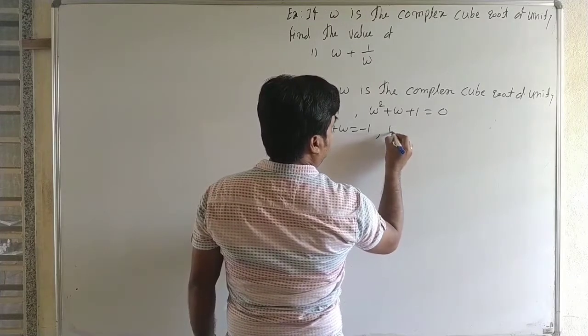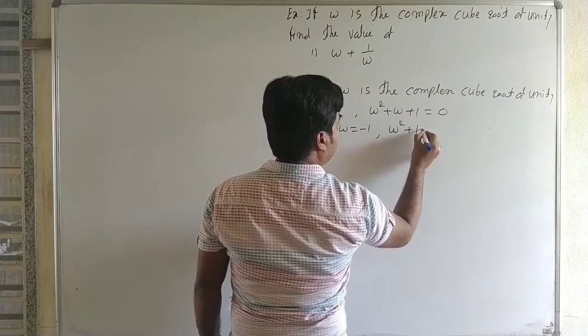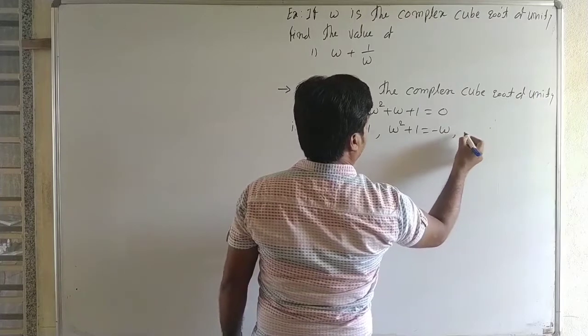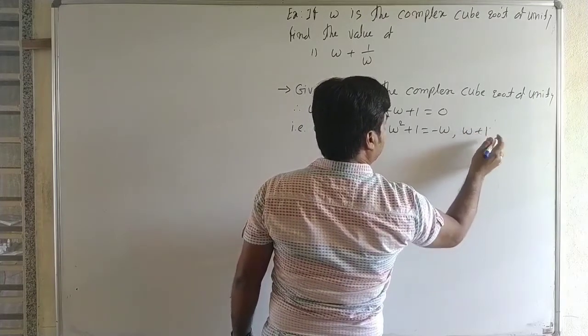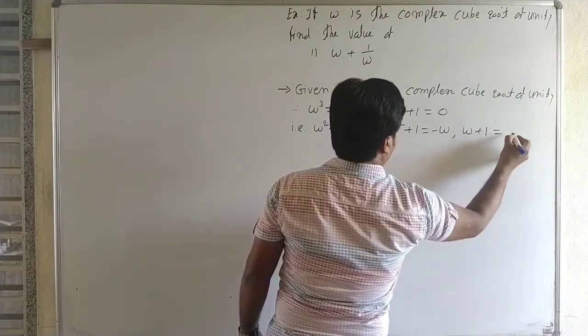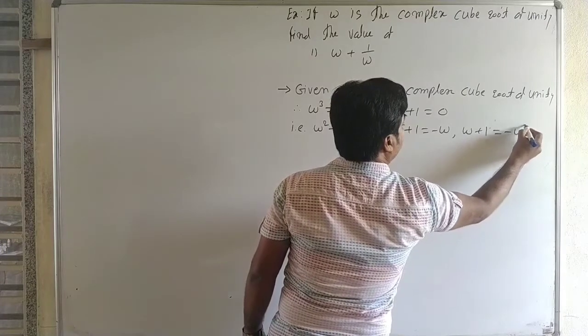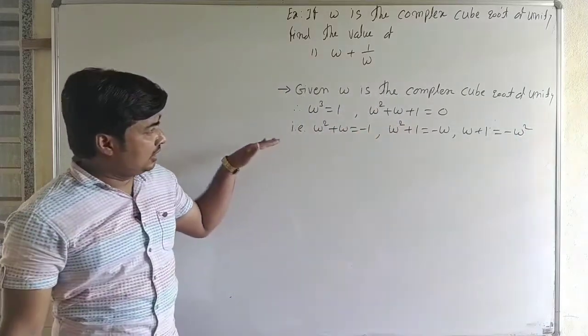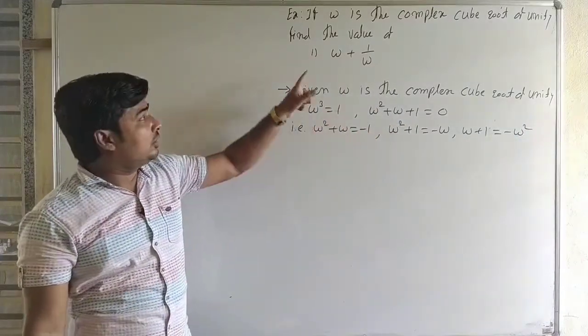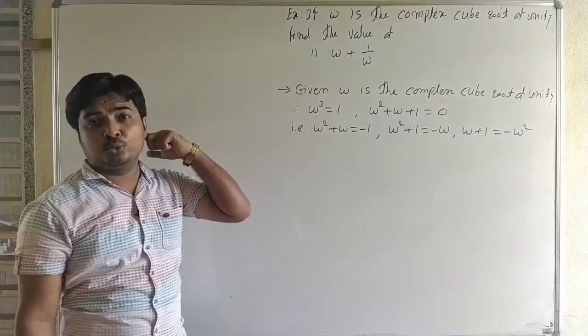Then omega square plus 1 is equal to minus omega, and omega plus 1, or 1 plus omega, is minus omega square. We get these results when omega is a cube root of unity.